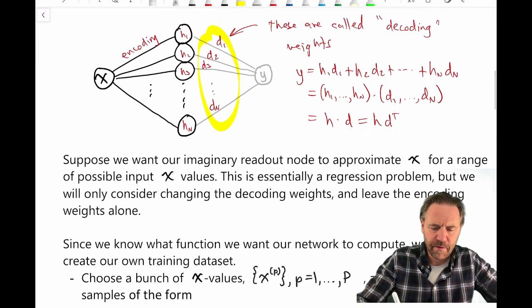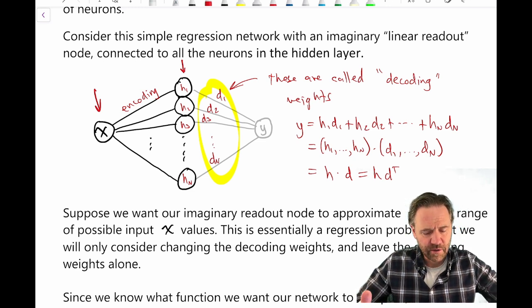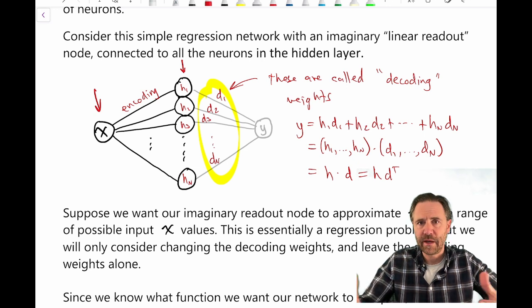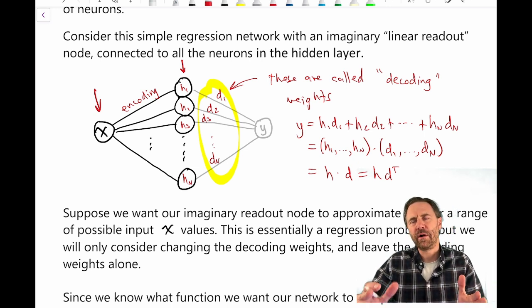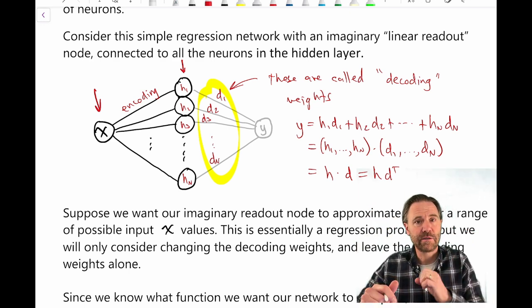But since we're going from low dimensional data to a high dimensional hidden layer, there are lots of random encodings that still maintain that information. It's not like an autoencoder where we're going from a high dimensional input to a lower dimensional latent space.